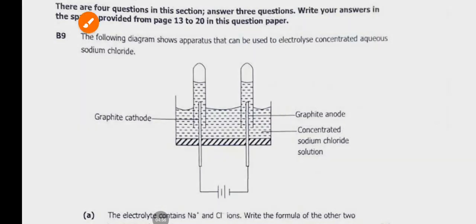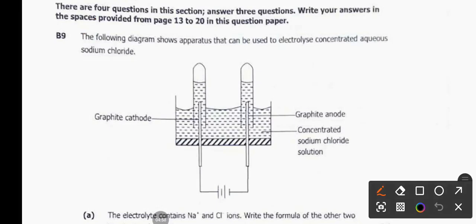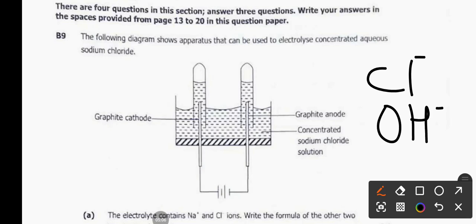We have to apply the same rule here, but with a bit of a trick. We have the anions, which are the chloride ions, as well as the hydroxide ion. The twist is that the question has said concentrated aqueous sodium chloride. Once you hear the word concentrated, it applies to anions.